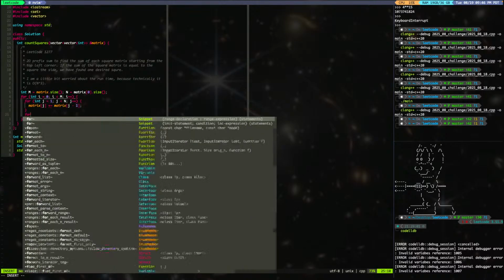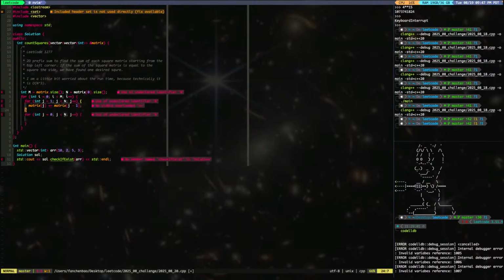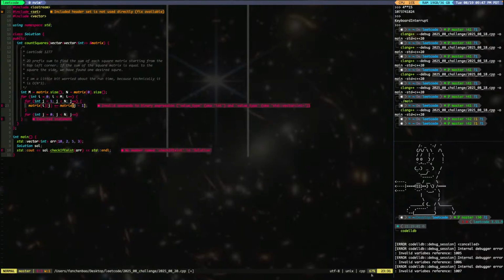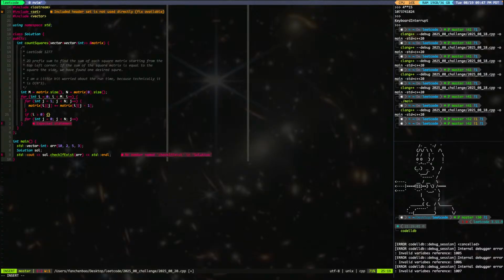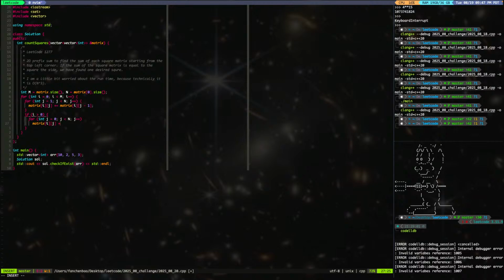Once it's done, if i is larger than 0, matrix[i][j] plus equals matrix[i-1][j].